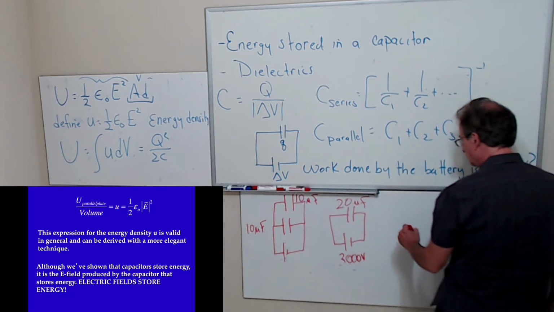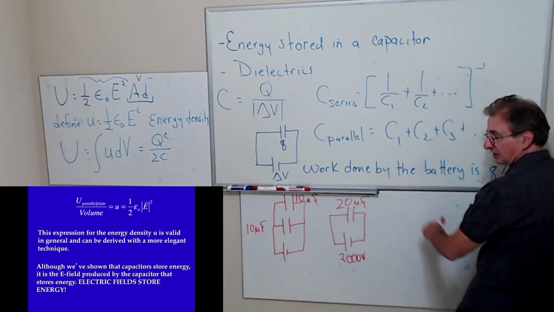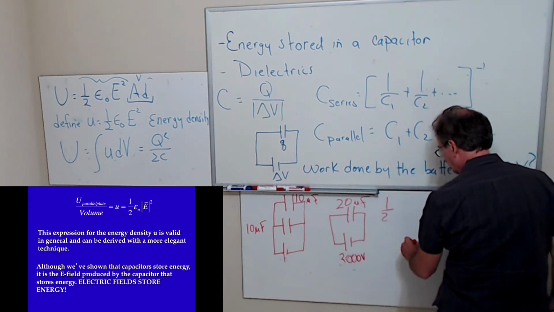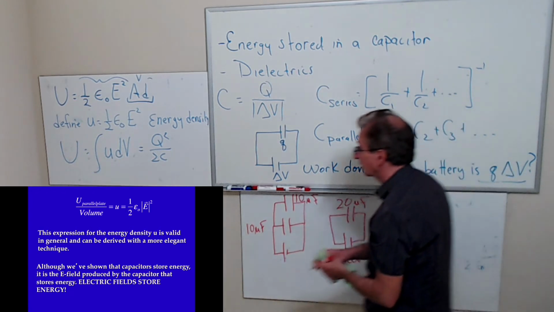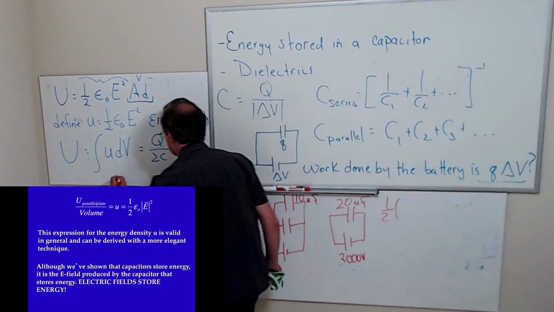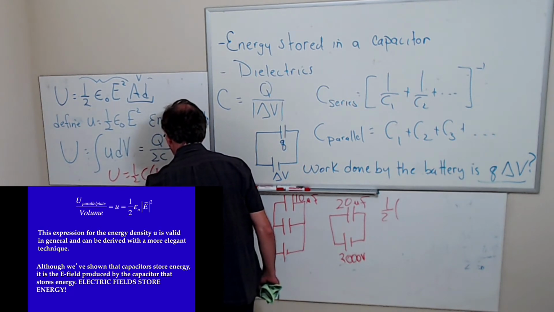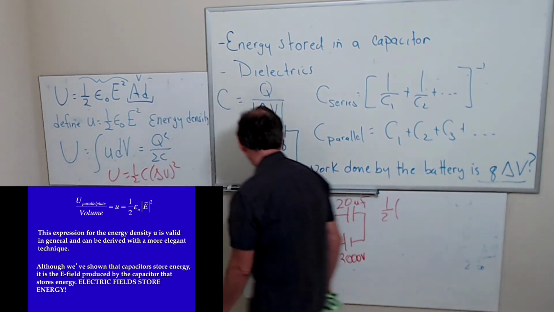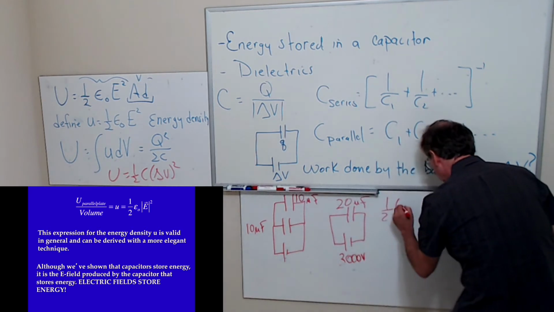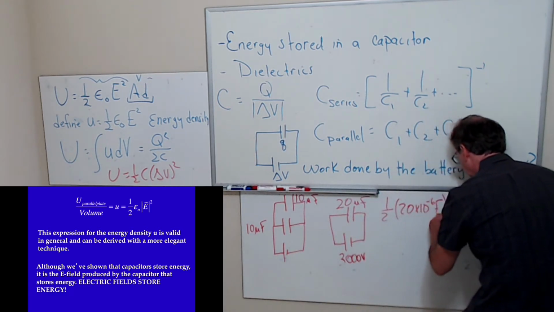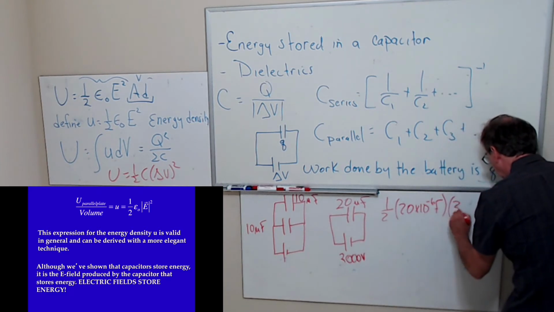So how much energy is going to be stored when I charge that sucker up? I'm going to use 1/2 CV squared. One half times 20 microfarads times 3,000 squared.